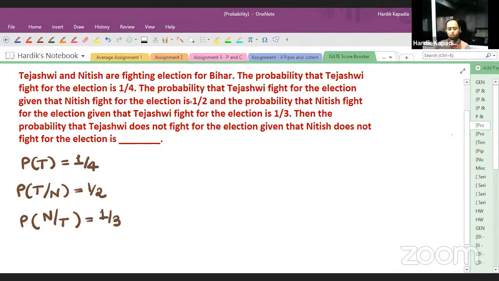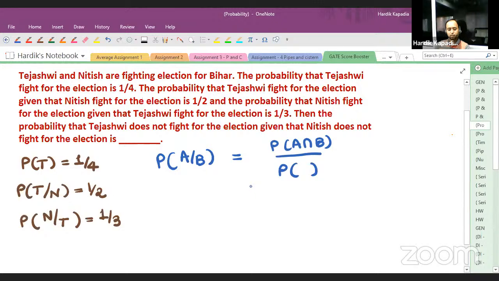So first of all, pay attention over here. You all are familiar with the formula of conditional probability, that is A given B? What is the formula of probability of A given B? That is probability of A intersection B divided by probability of what?